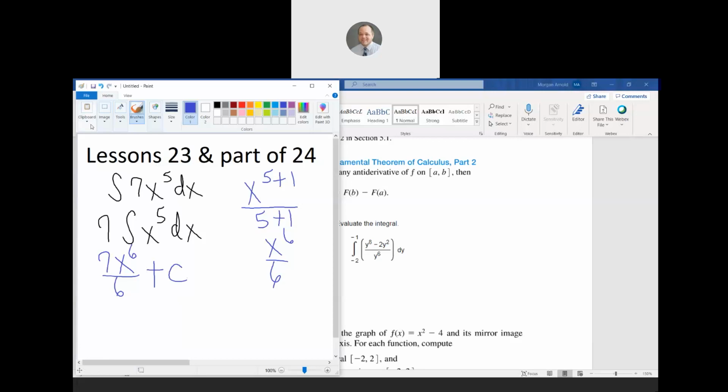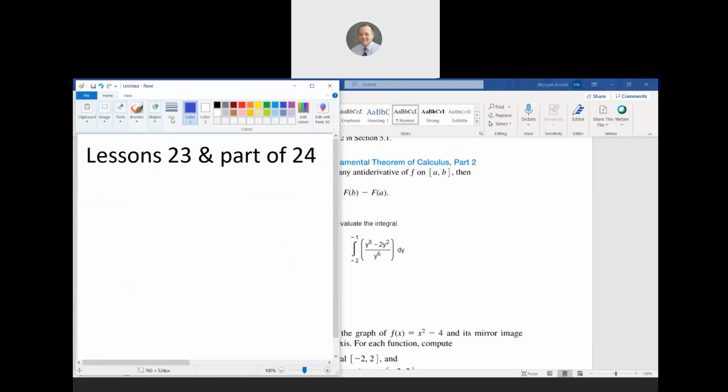Let's look at another example in which we are finding the antiderivative or the integral. Next problem, we have the integral of 1 over x to the 11th power dx.